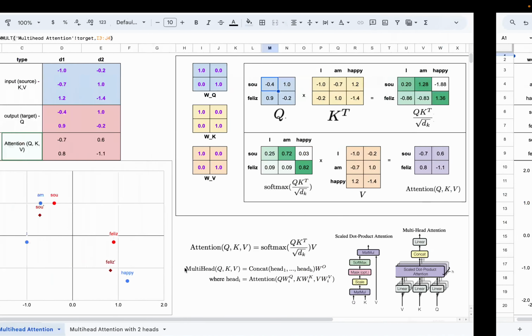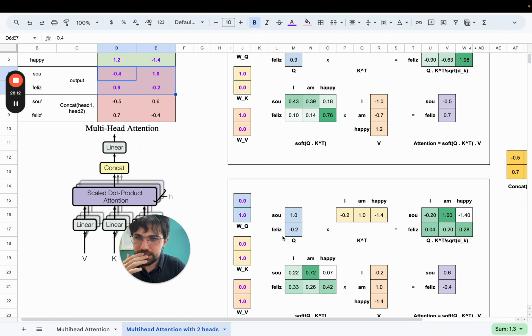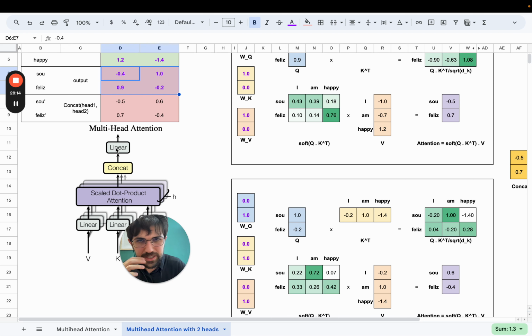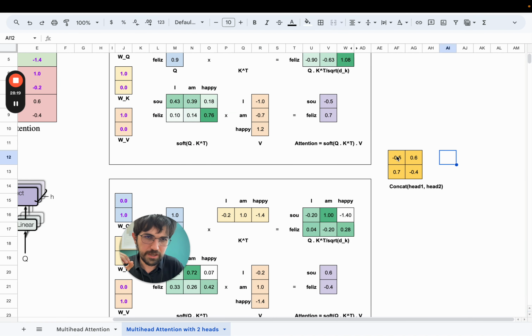Let me get to this example with 2 heads. After this concatenation, we can also have another linear layer, which will have this same dimension of the number of embeddings, but it's still just a densely connected layer.